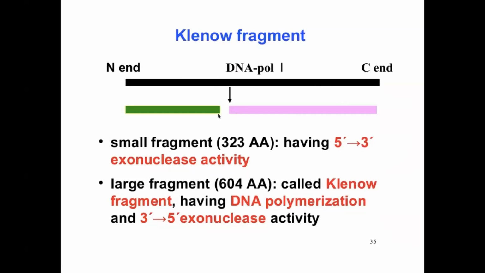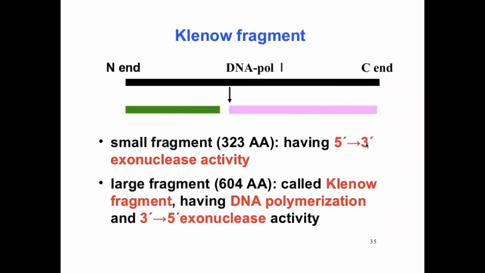We have the green and the pink. This is the small fragment. This is the large fragment. This small fragment, consisting of about 323 amino acids, has a sequence of amino acids within it that serve as the domain for the enzymatic activity of degradation in a 5' to 3' direction.